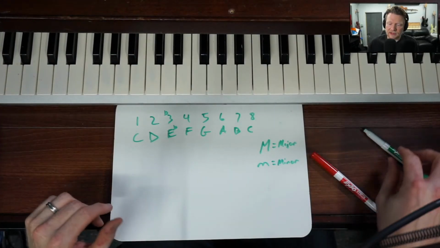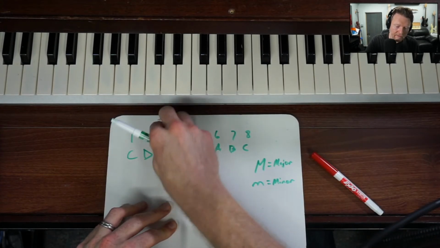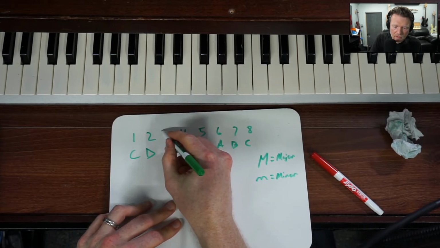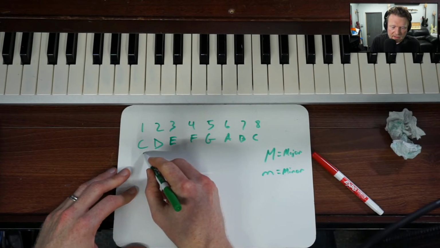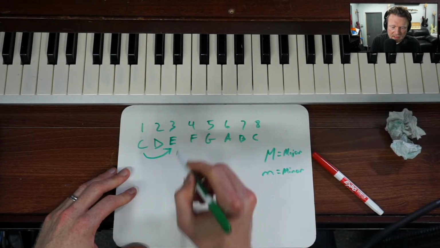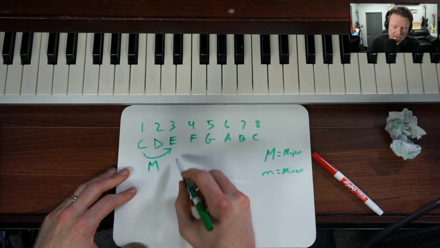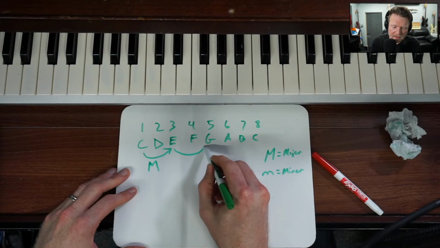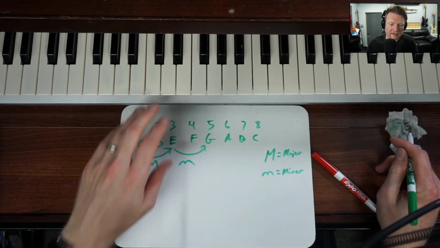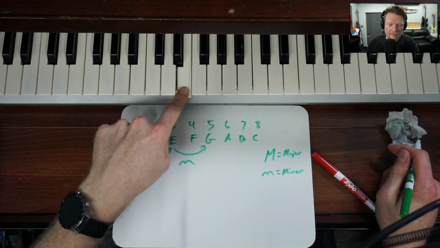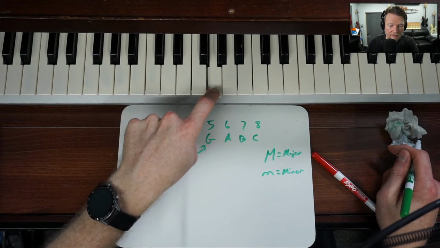Okay, now here's where this gets really cool. Let me erase this. The distance from C to E was a major third. Now watch this. The distance from E to G is a minor third.